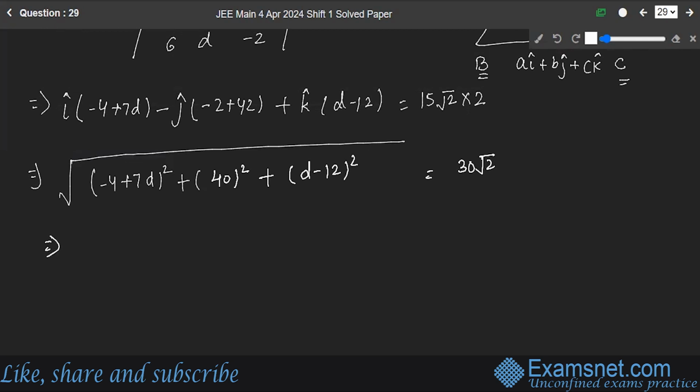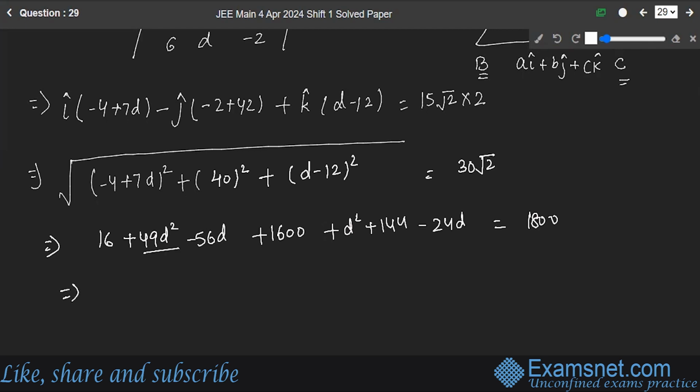Let's open it up. This will be equal to 16 plus 49 D square minus 56D, 1600 D square, 144, 24D, and squaring on this side, this will give me 900 into 2, which is equal to 1800.